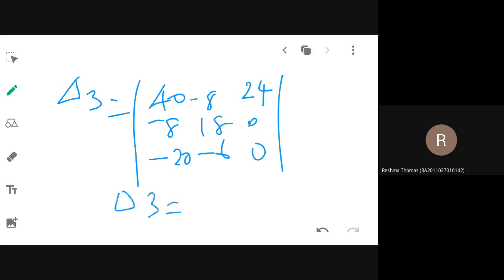What is del 3? All are getting 9648. Others? Ma'am, 9792. Okay, 9792. Check your answer.